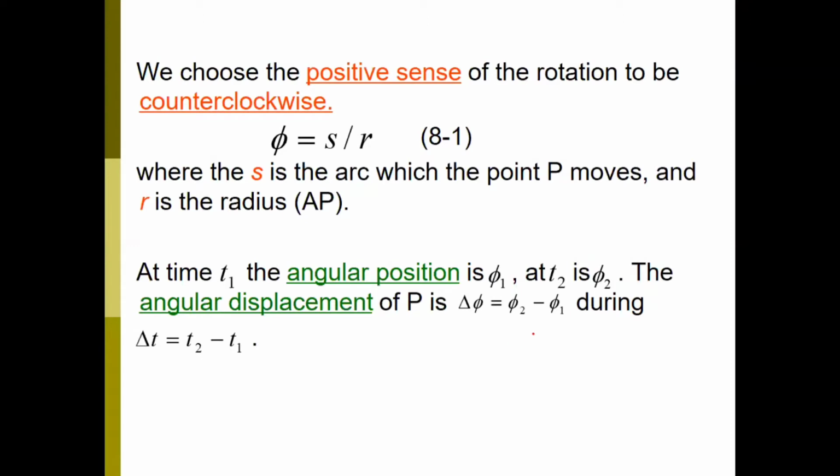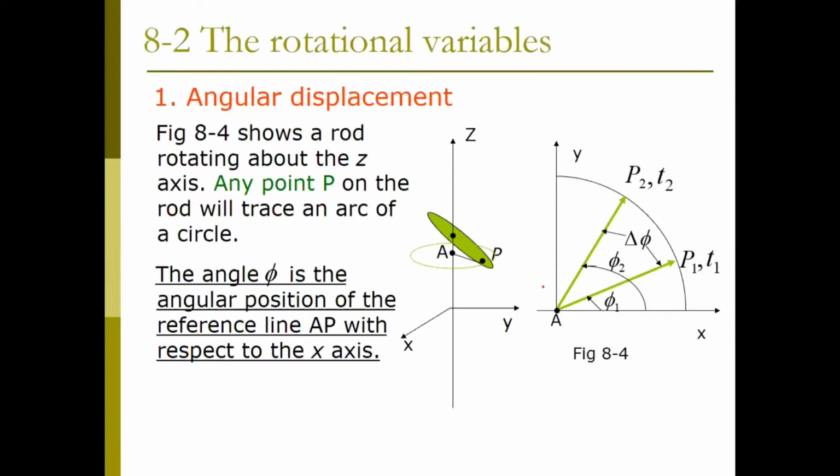So therefore, your theta here is equal to s over r, or arc length over the radius, where s is the arc which the point P moves, and r is the radius AP. So kung babalikan po natin, ito.